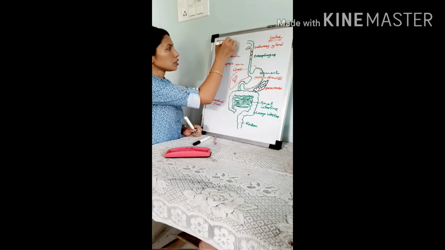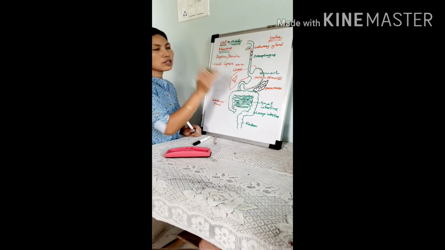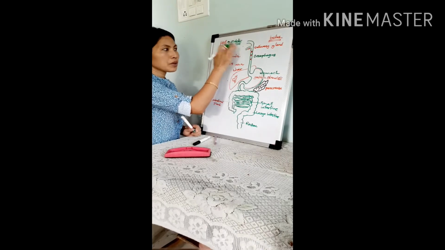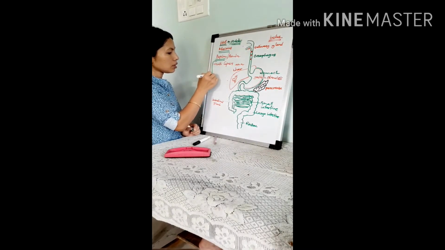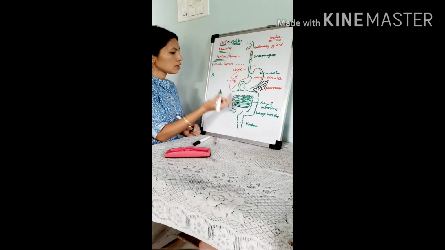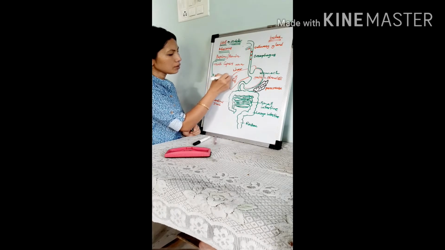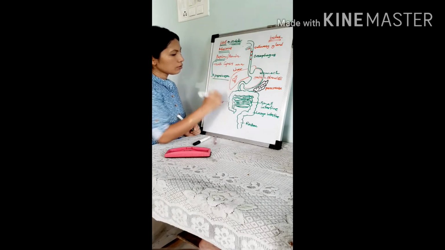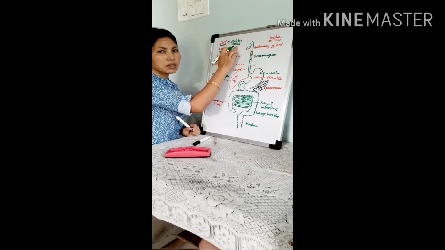an acidic medium. The main purpose of hydrochloric acid is to provide an acidic medium, because the enzyme pepsin is present in its inactive state called pepsinogen. This inactive pepsinogen is activated into pepsin in the acidic medium.